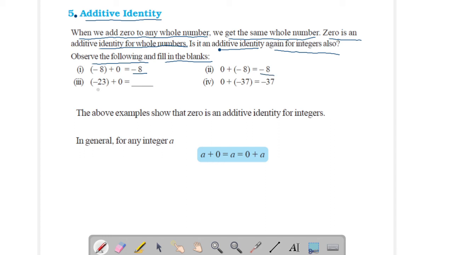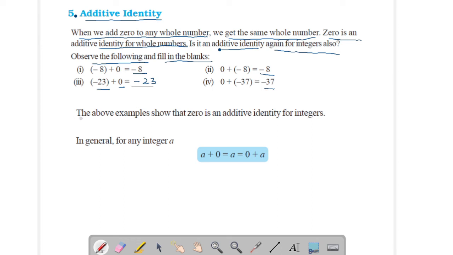Third part: minus 23 plus 0, we will get minus 23. Fourth part: 0 plus within the bracket minus 37, we will get minus 37.